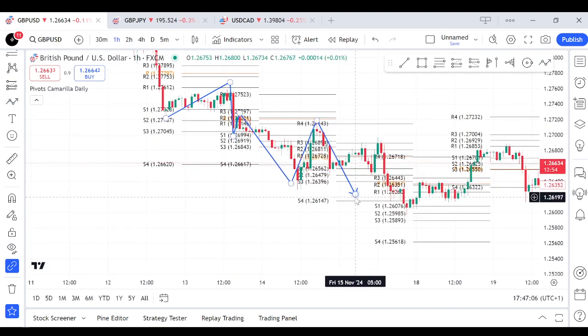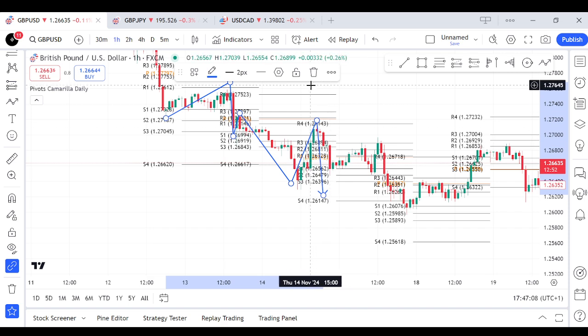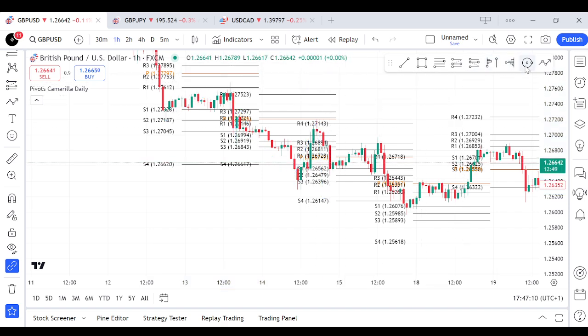For example, you can see on this day, price reacted to the R3 about twice, giving us something like a double top pattern and a push to the downside.